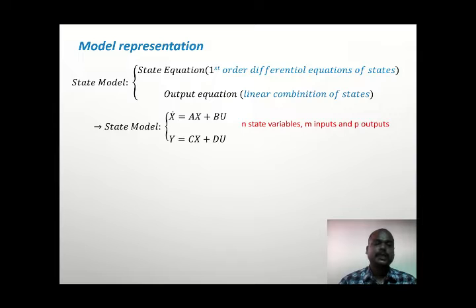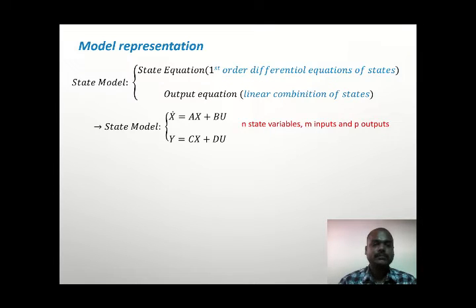This matrix A is the state transition matrix, which relates the derivative of the states with the states themselves. The matrix B is the input matrix, or input gain matrix, which relates the derivative of the states with the given input.